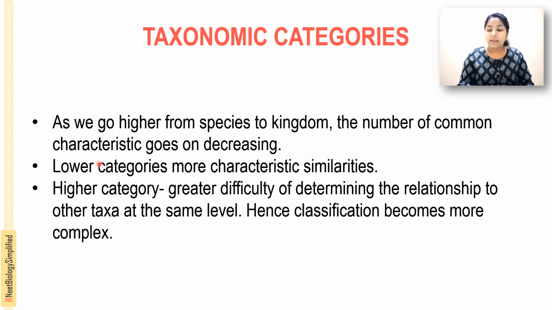And in the case of a higher category, it is very difficult to determine the relationship to the other taxa at the same level. The organisms are at the same level, but there is difficulty in determining the relationship. Hence, the classification becomes more complex.